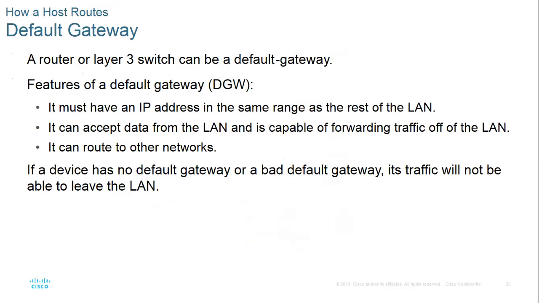It can accept data from any host running on the LAN and is capable of forwarding traffic off the LAN. It can route to other networks. If a device doesn't have a default gateway or it has a bad default gateway, then traffic will not be able to leave the LAN and it will be dropped whenever it reaches the router.